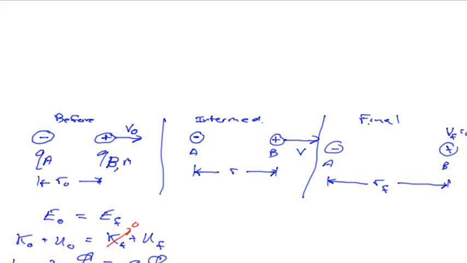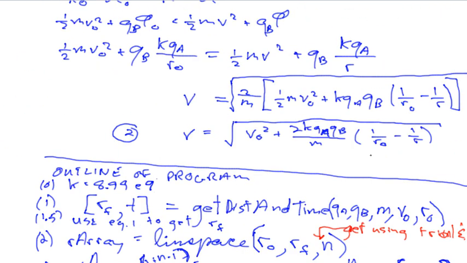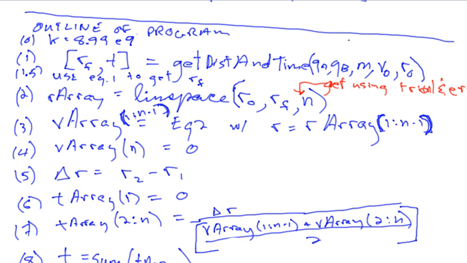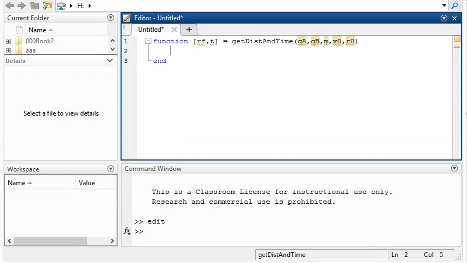Then I just want to go back to lean on the outline that I made. So I got to set k equal to what it is. K equals 8.99 E9. It's that Coulomb constant.